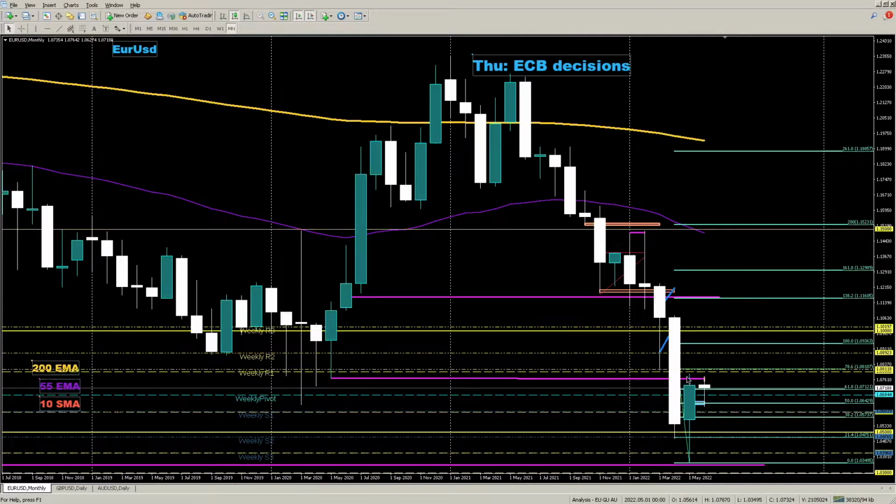And yes, it's coming up after recovery from last month. It's attempting to recover somewhat, and yeah, we'll see if it's able to climb back higher.